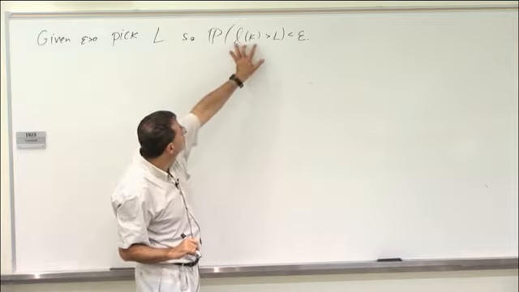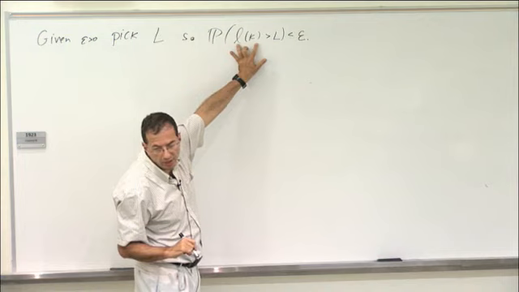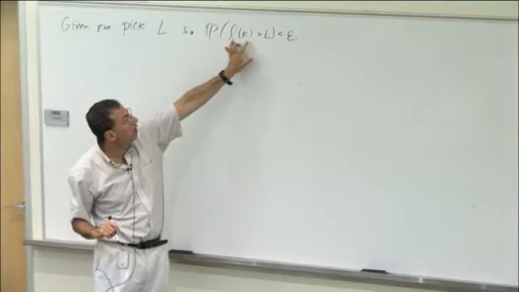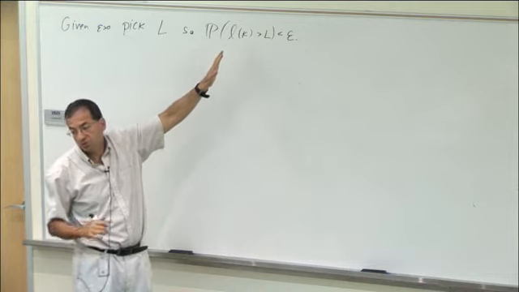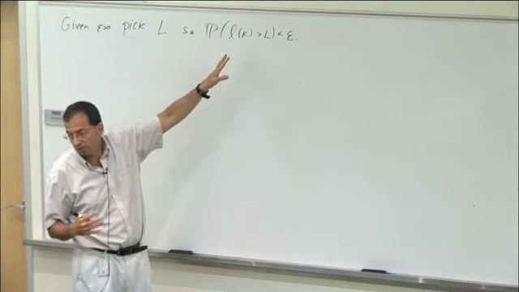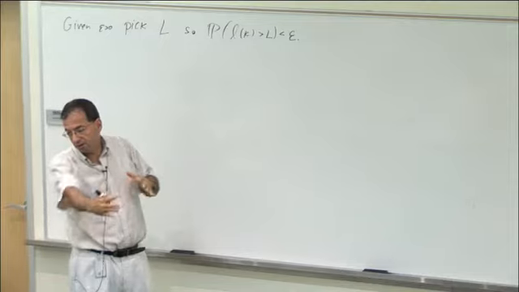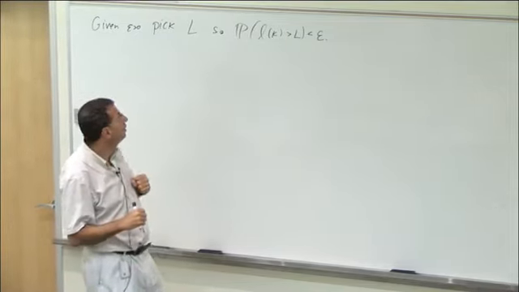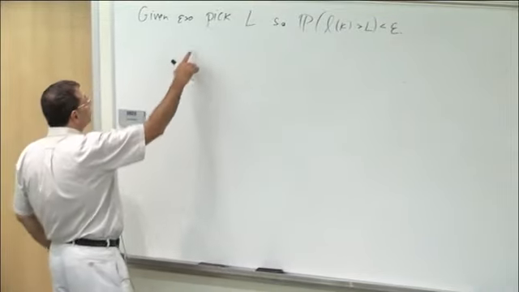This probability doesn't depend on k, because by stationarity it is the same for any k, so I could have put just L of 1. The point is L of k is a finite random variable, so I can pick L large so that the probability this variable is bigger than L is less than epsilon.